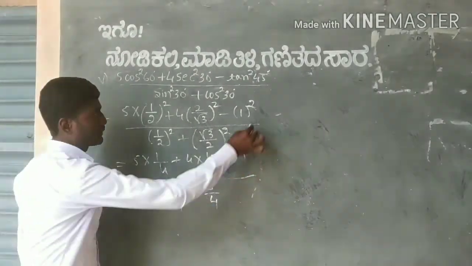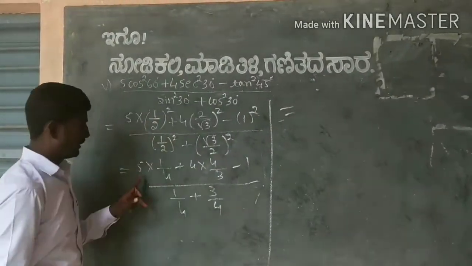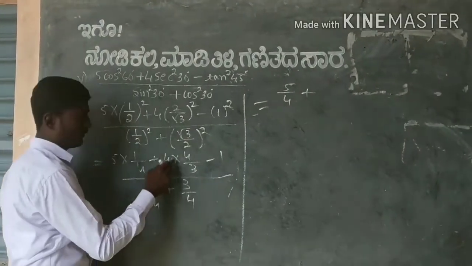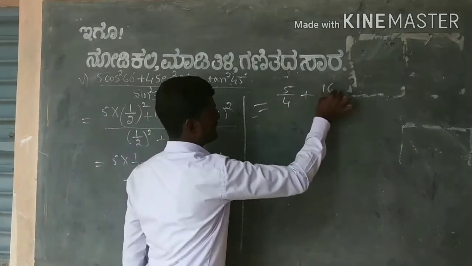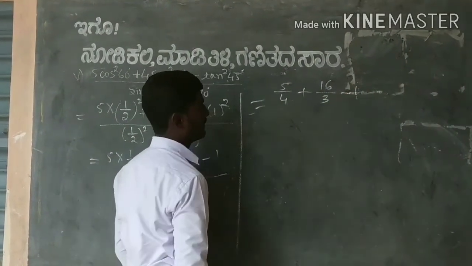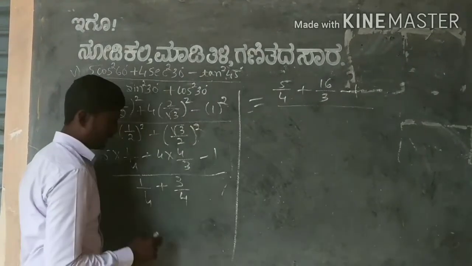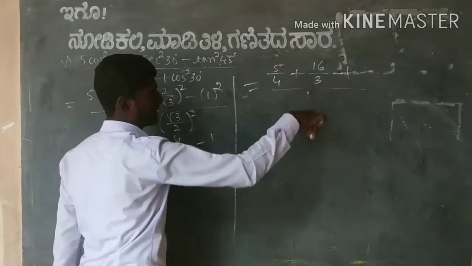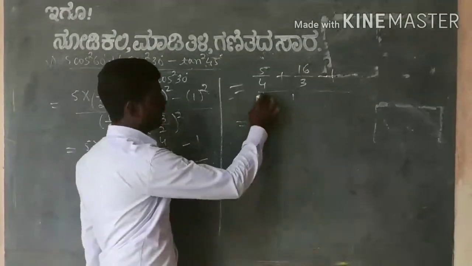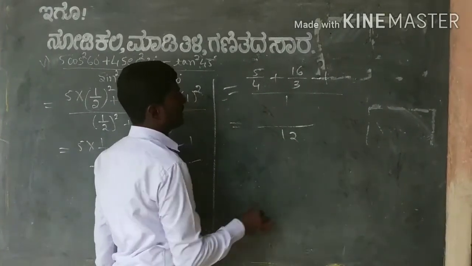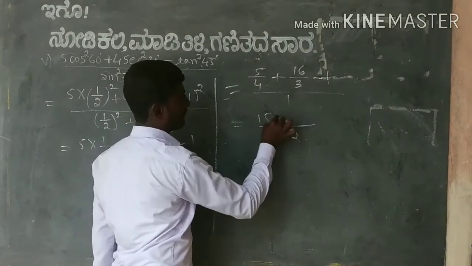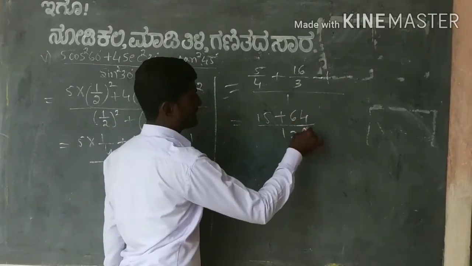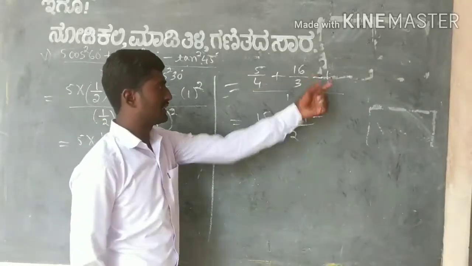Now this is equal to 5 by 4, plus 4 4s are 16 by 3, minus 1, whole divided by. So here LCM is 4, 1 plus 3, 4 divided by 4, 4 by 4 it is 1. Now here 4 3s are 12 is LCM. So 5 3s are 15 plus 16 4s are 64. Am I right? 64 minus 4 3s are 12.